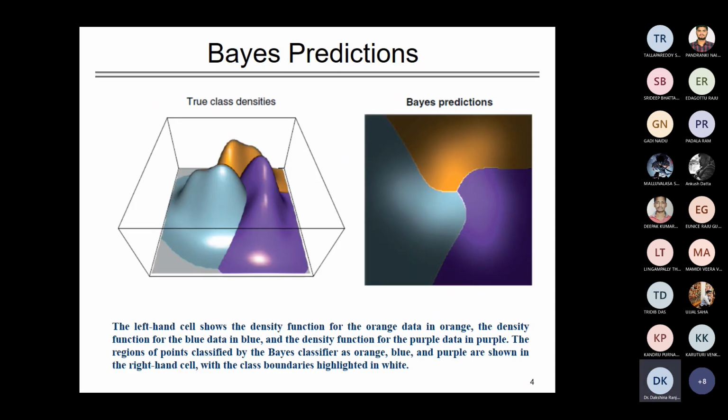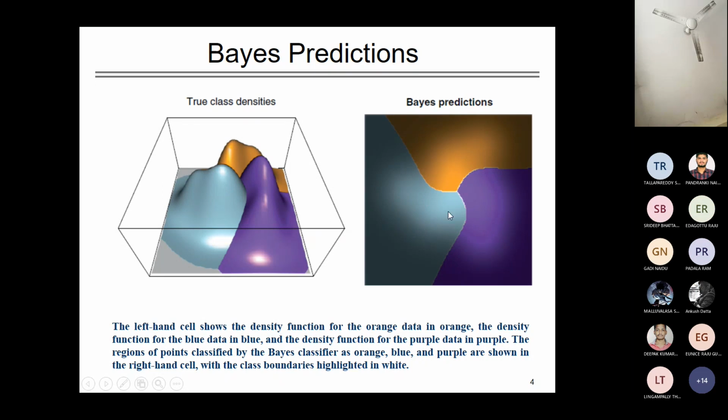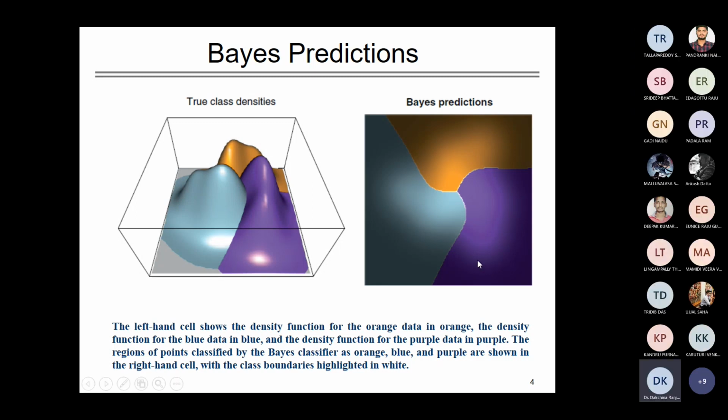When we saw the Bayes classifier, it makes the density estimation for orange data, for blue data, and for purple data. The corresponding predictions we get, like on the right hand side here, are the regions of points classified by the Bayes classifier as orange, blue, purple.